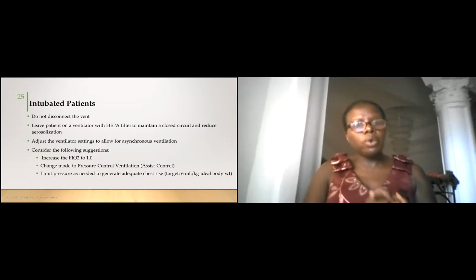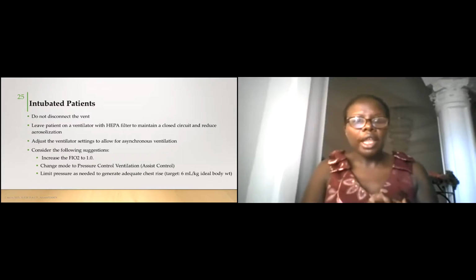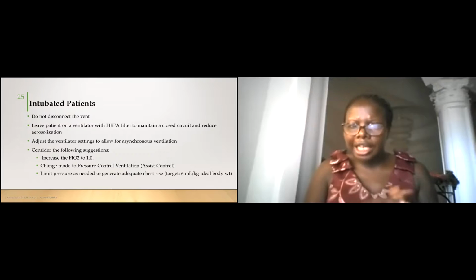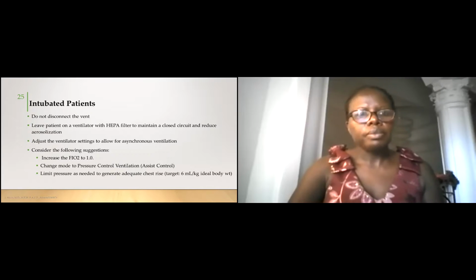You want to change the mode to pressure control ventilation, and you want to limit pressure as needed to generate adequate chest rise. You don't want to cause tachypnea. You don't want to cause any separation or any discontinuation in the ventilation.